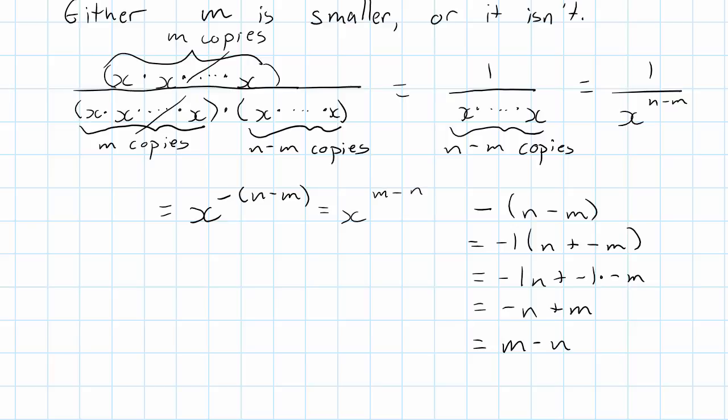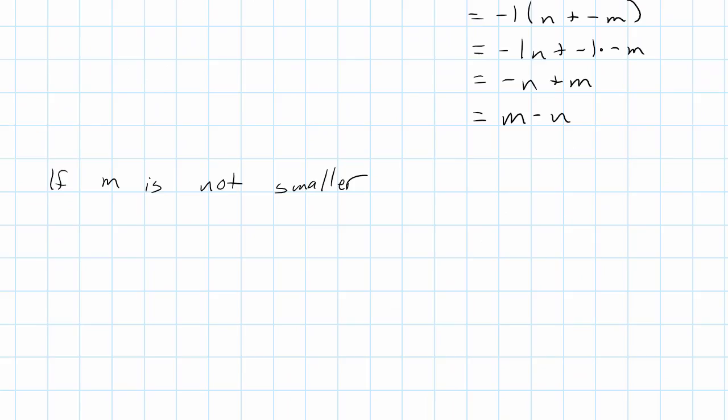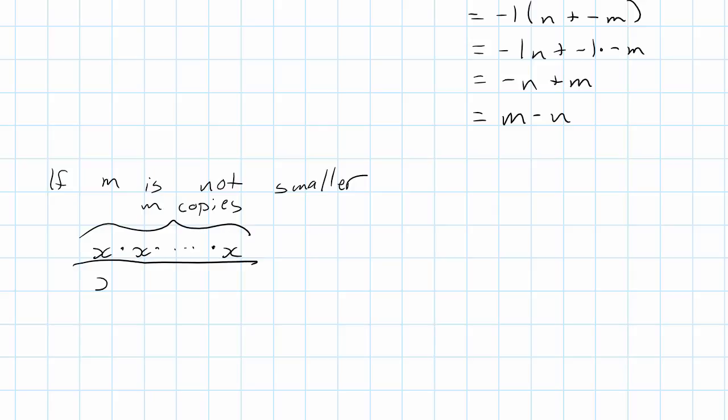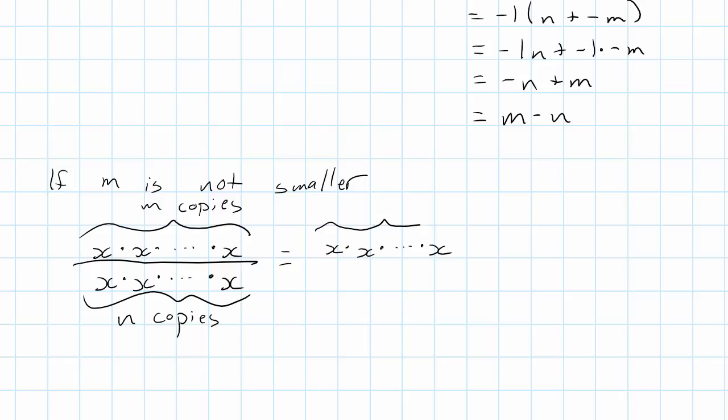If m is not smaller, then when we have our m copies in the numerator and our n copies in the denominator, we can split up the numerator into n copies, and then whatever else I need to make up to m, that must be m minus n copies.